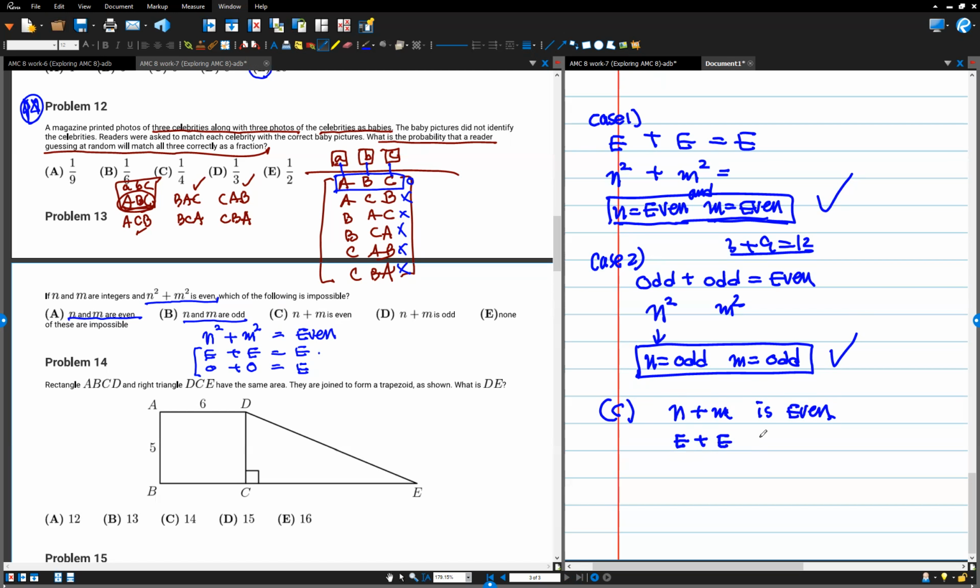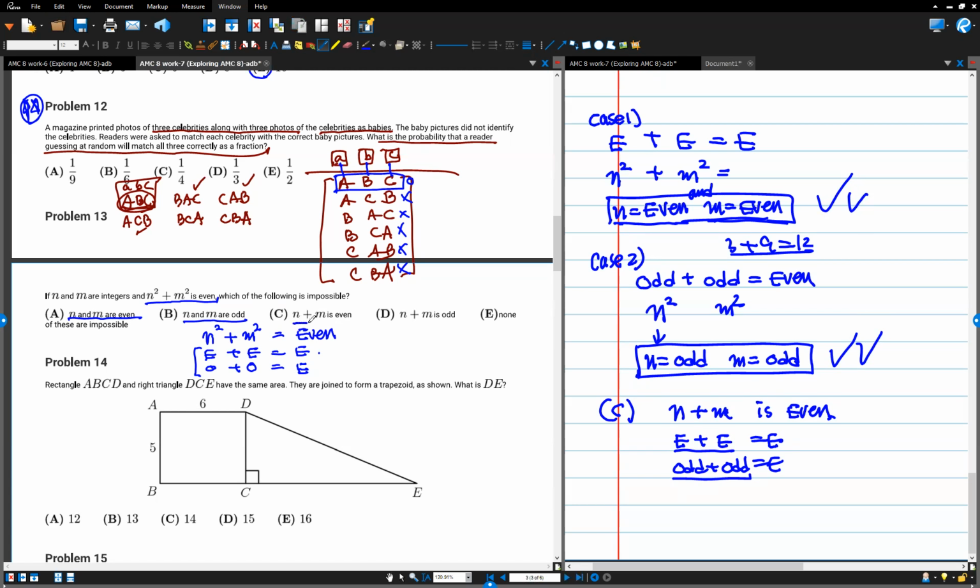Even plus even is even, or odd plus odd is also even. So both numbers are even or both numbers are odd, that's it.